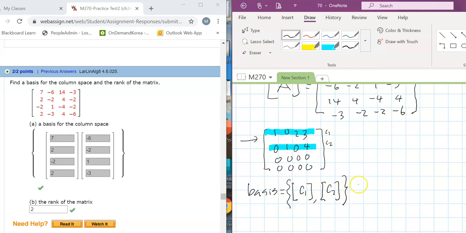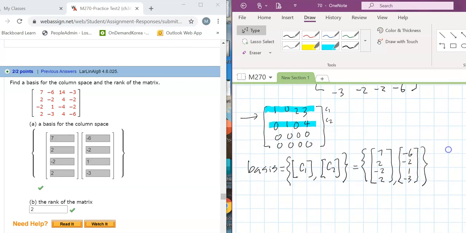That's what I put as the answer there. So you put column 1 original, 7, 2, negative 2, 2, and then second column, negative 6, negative 2, 1, negative 3.